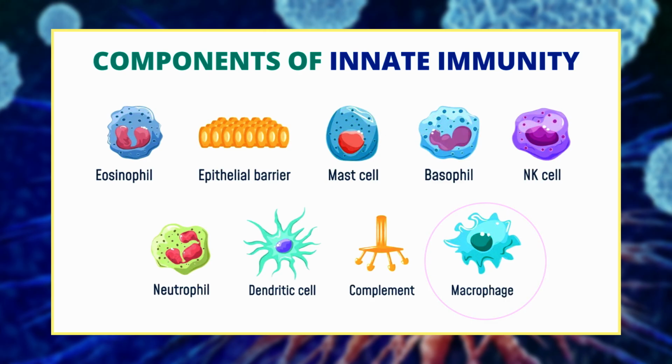These phagocytose pathogens and dead cells, and present the antigens to the T cells. Third, the dendritic cells. They capture the antigens and initiate the adaptive immune responses, a link between the innate and the adaptive immune system. Fourth one, the natural killer or the NK cells. They kill the virus infected and tumor cells by inducing apoptosis.